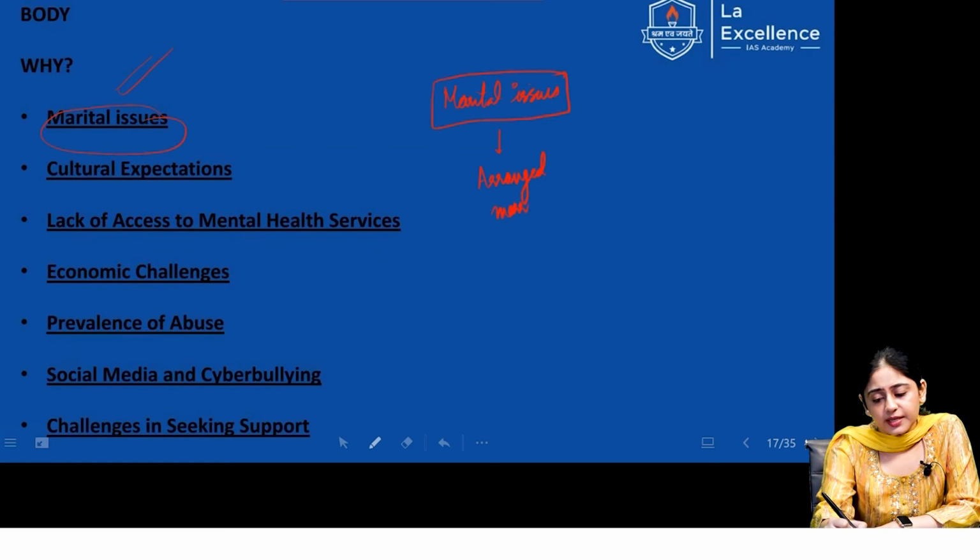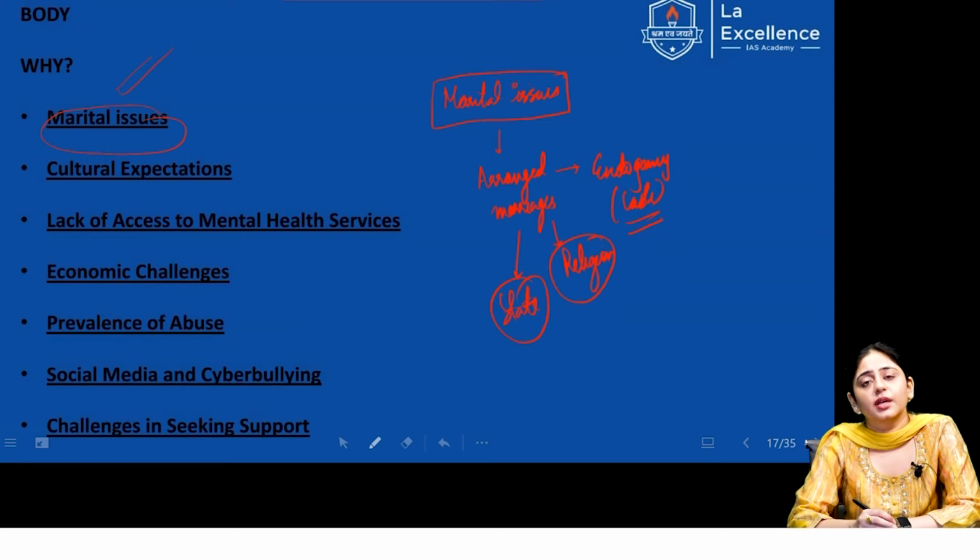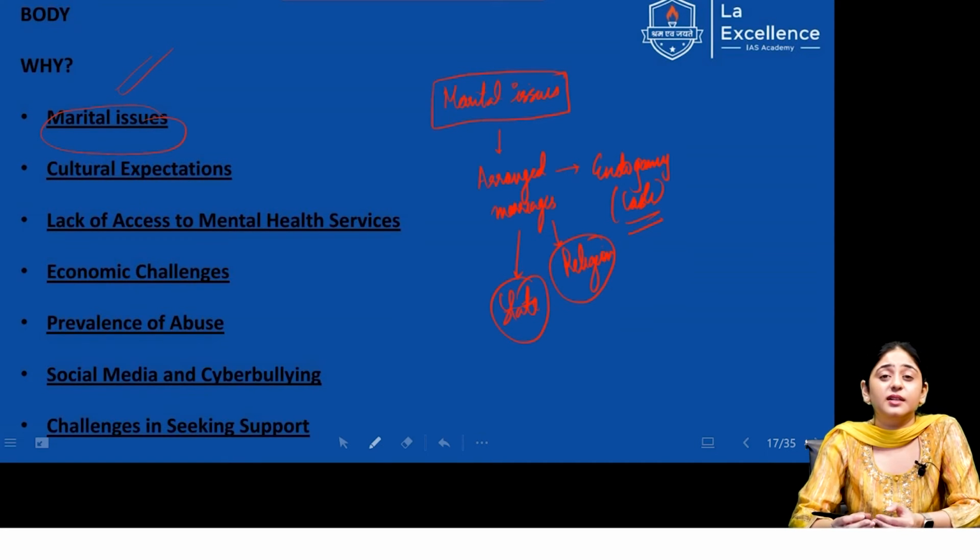So arranged marriages are mostly endogamous, according to your caste group. Endogamy means marrying within your caste, right? And mostly all arranged marriages are according to your religion, caste, state. And seeing all these factors, sometimes you miss the most important factor, that is the compatibility between two people, right?